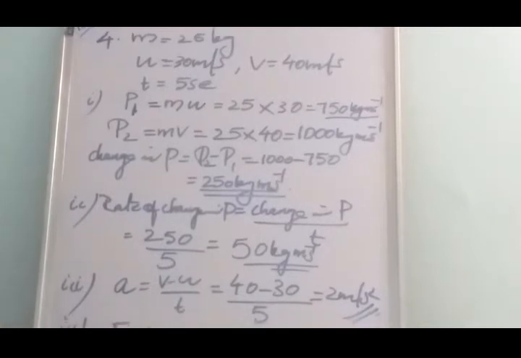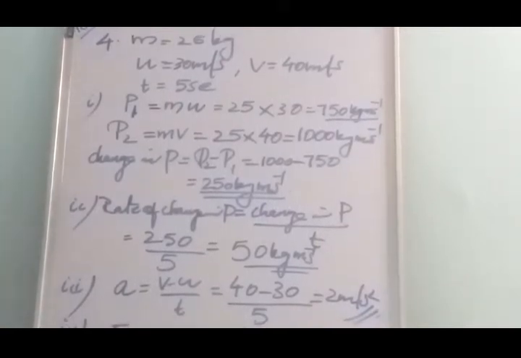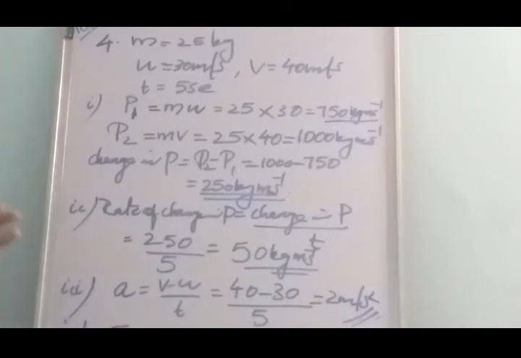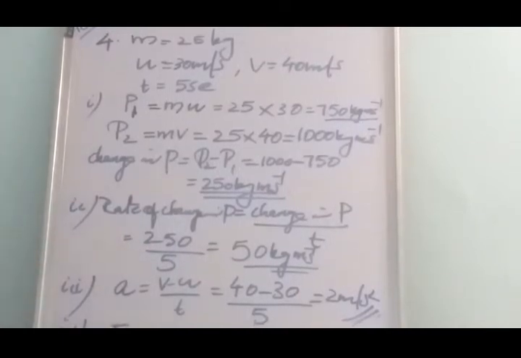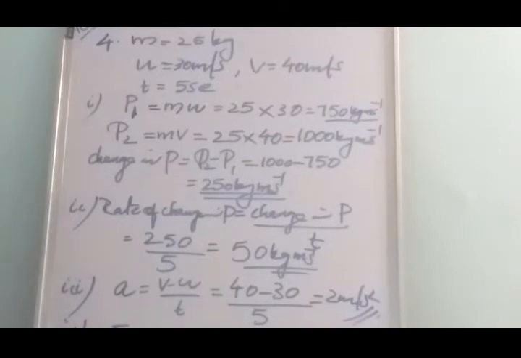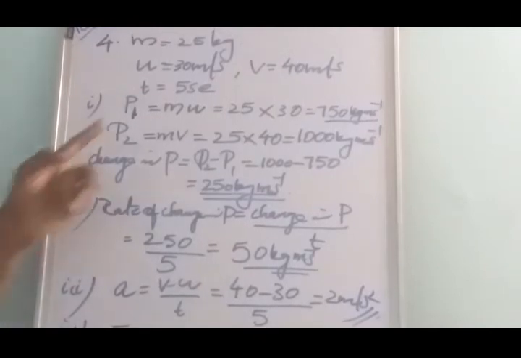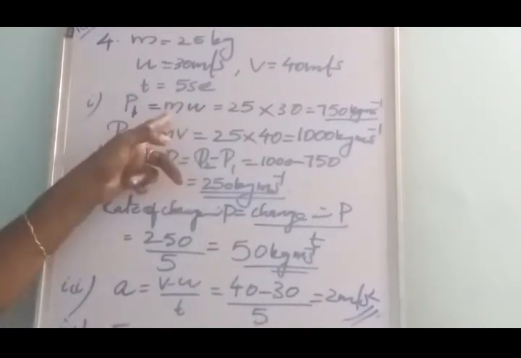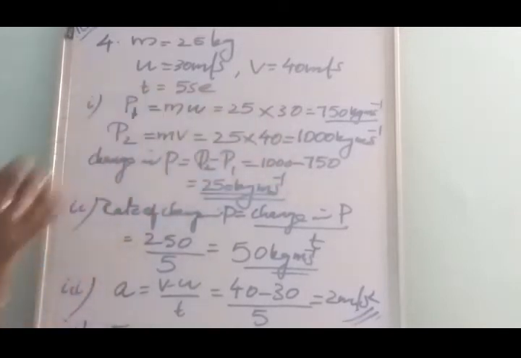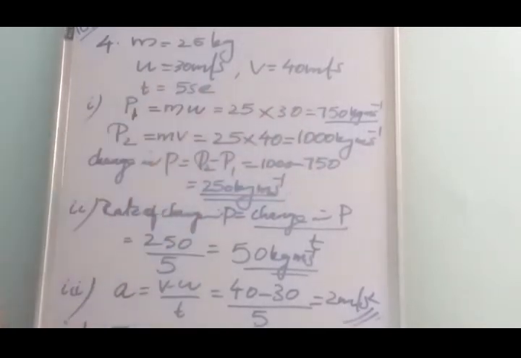In the first part, we have to calculate the change in momentum. For that, we should know the final momentum and the initial momentum. Final momentum minus initial momentum gives the change in momentum. Initial momentum is mass into initial velocity, so 25 into 30, which gives 750.